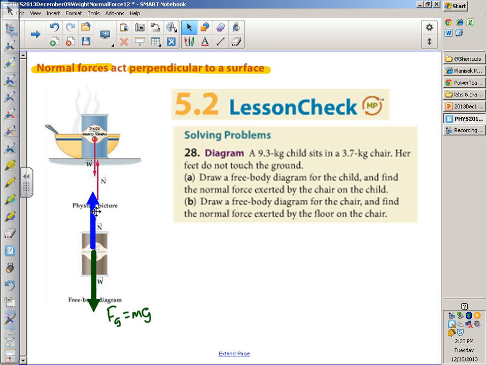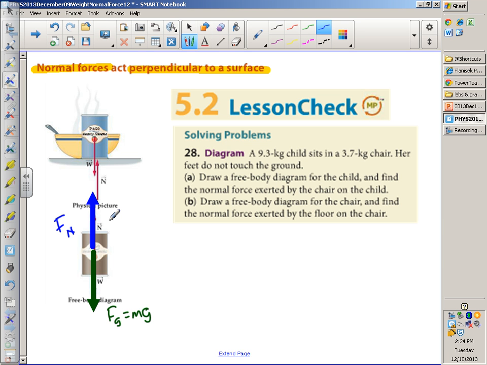The table, okay? And because it is a surface, like a table or a floor or a chair, we refer to this force as the normal force, F sub n. Okay? It's normal because in math class, if you talk about something being normal, that means it's perpendicular, right? Normal forces are always perpendicular to the surface that they are caused by.